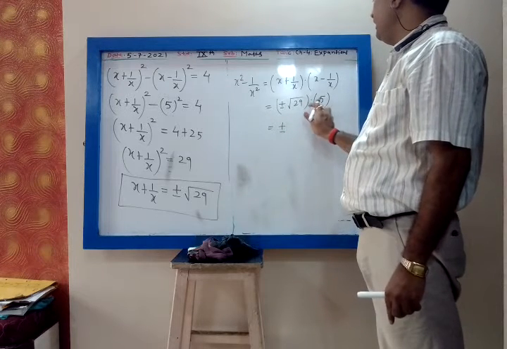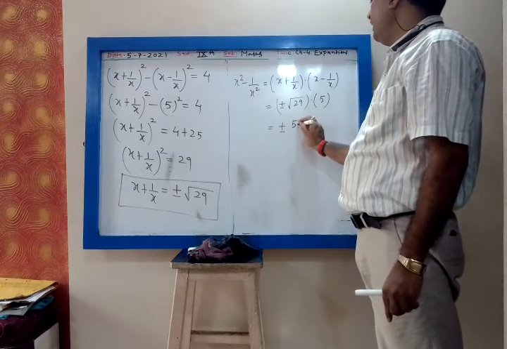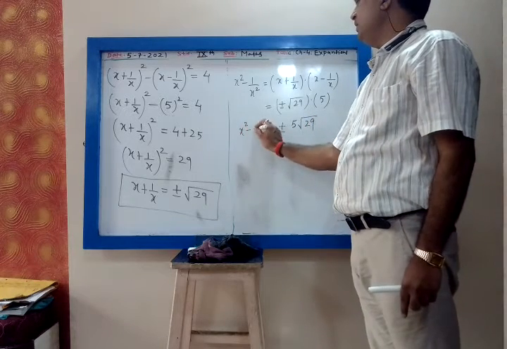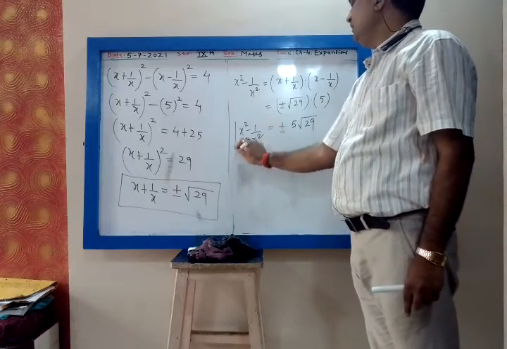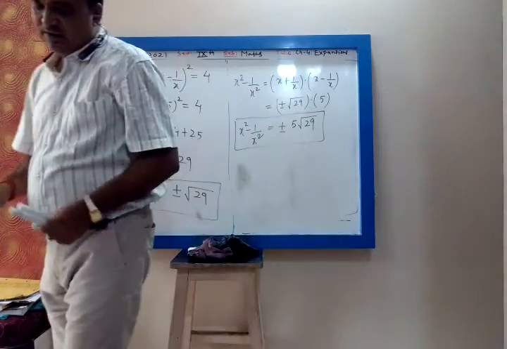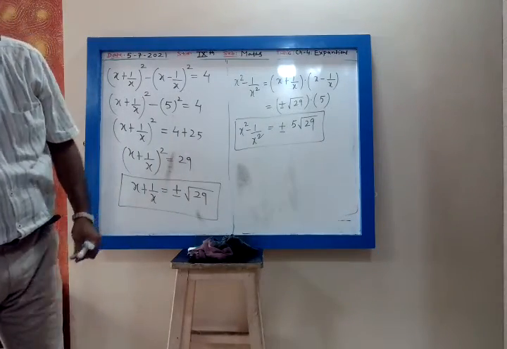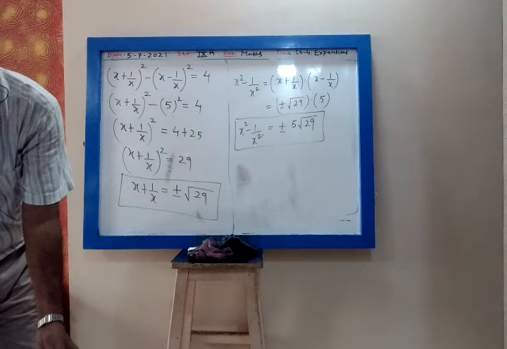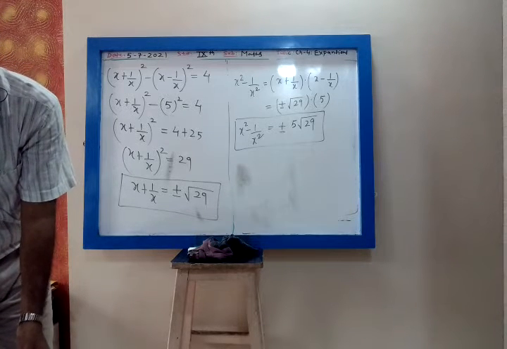You cannot multiply 5 and 29, no. This will be 5 root 29. So x square minus 1 upon x square is plus minus 5 root 29. What's the answer? Is it clear?